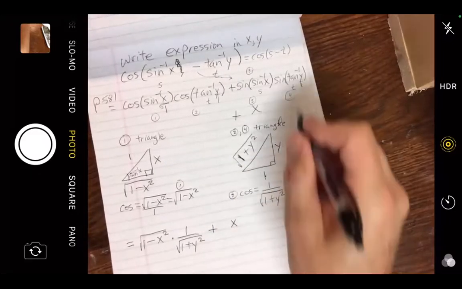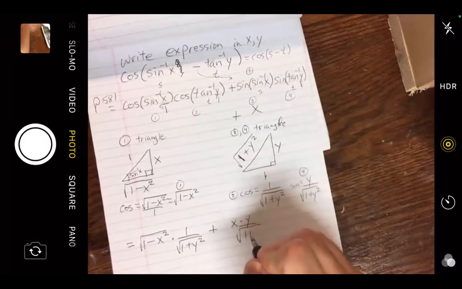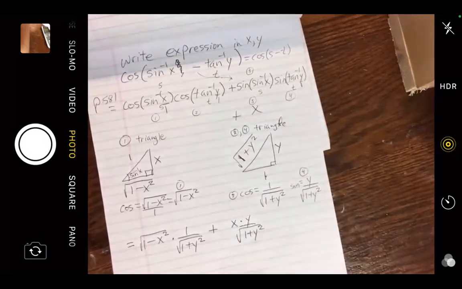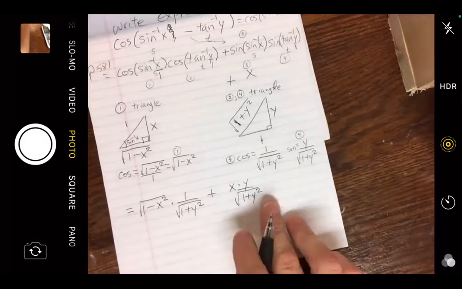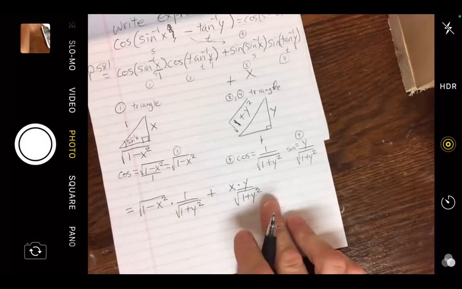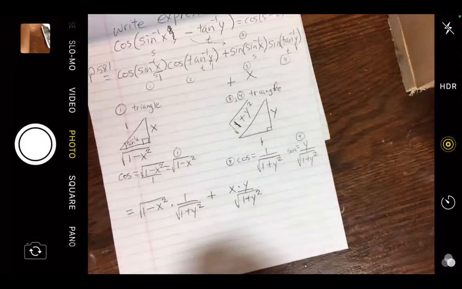And piece 4 is y over the square root of 1 plus y squared. Now, it's a perfectly fine answer, but the book will probably clean it up just a little bit. It's really all just plug and chug, but I realize it does lead to a whole page full of gibberish.